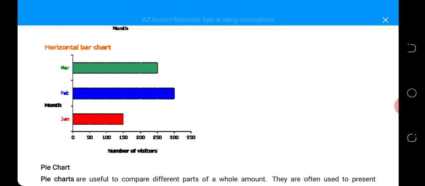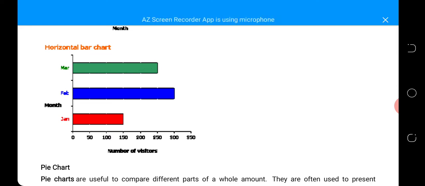So the length for the visitors in January, 150 visitors, will be 3 centimeters, but it's going to be drawn horizontally as shown in the figure.